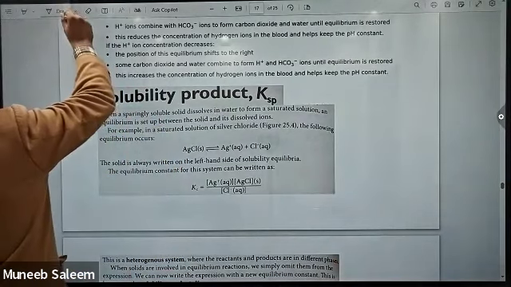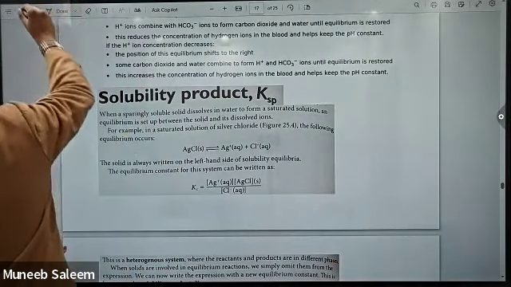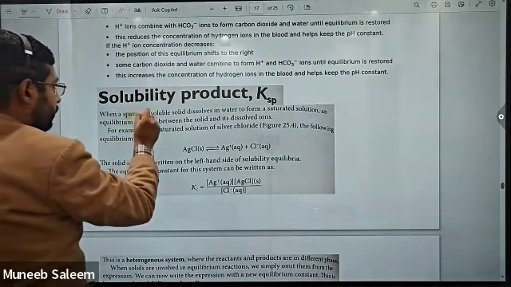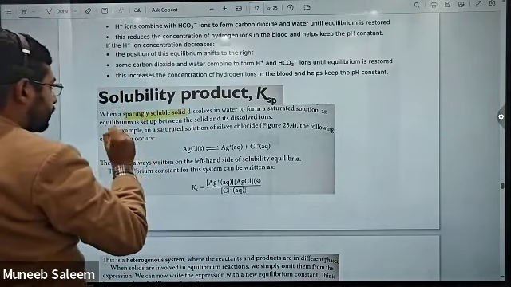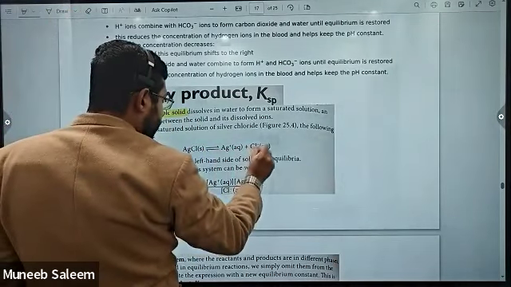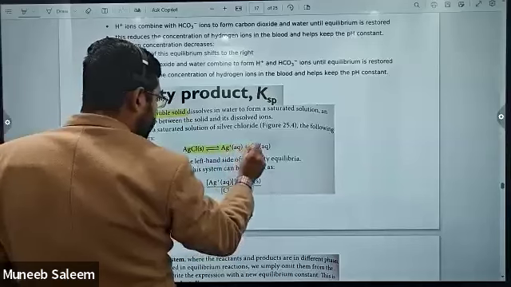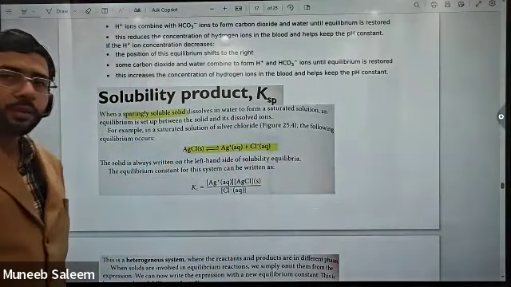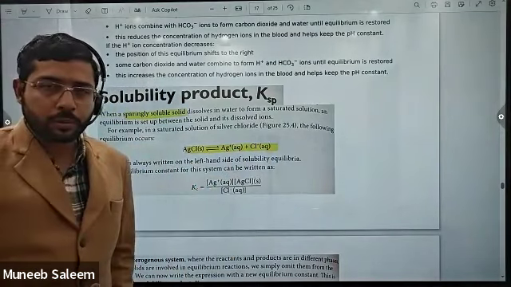So a kind of equilibrium is established when we have a sparingly soluble solid. This kind of equilibrium is given here in the form of an example. You can see that this silver chloride is considered as a sparingly soluble compound.